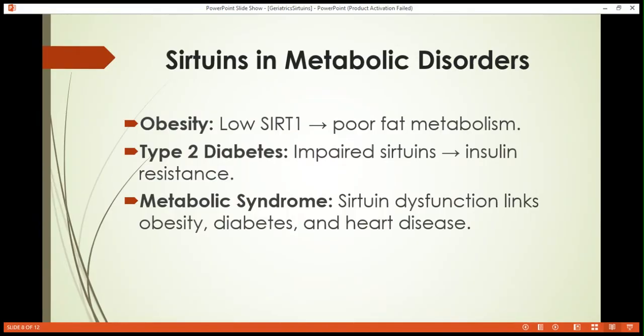And for type 2 diabetes, once there's an impairment in the Sirtuins, there's insulin resistance as an outcome. And then in metabolic syndrome, Sirtuin dysfunction links obesity, diabetes, and heart disease.